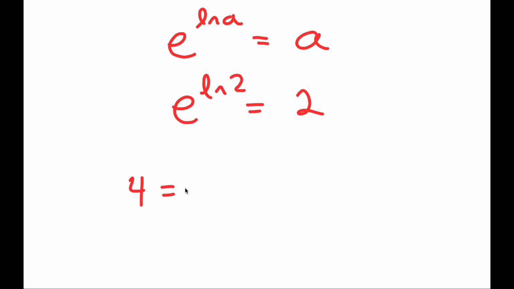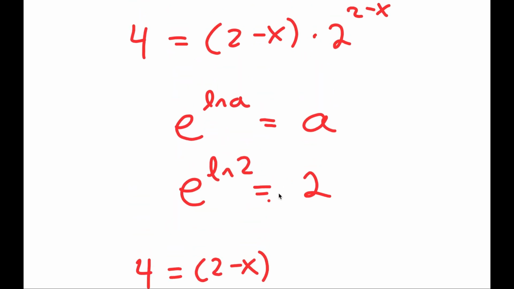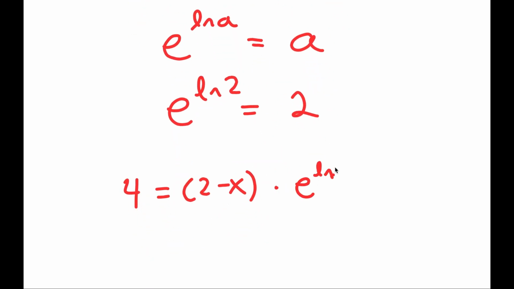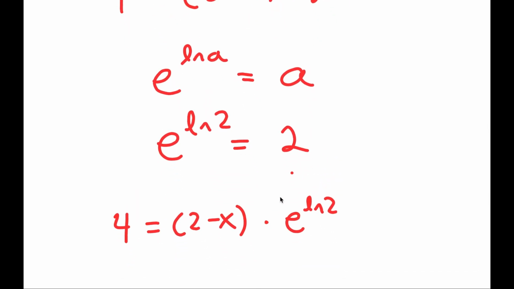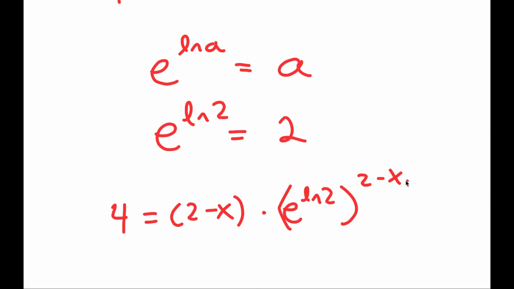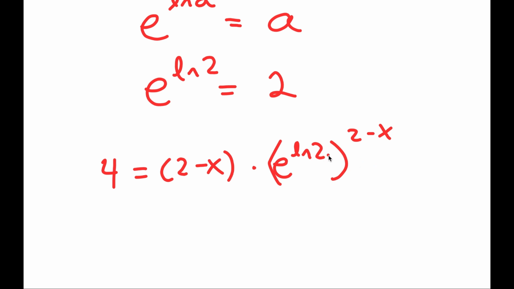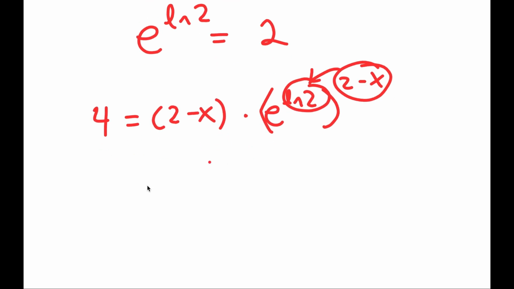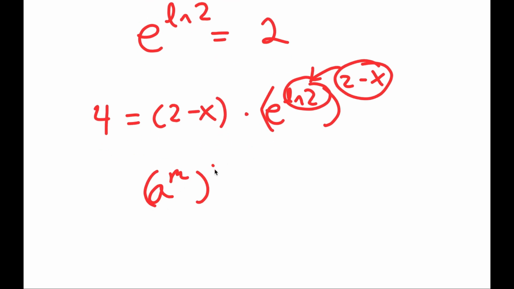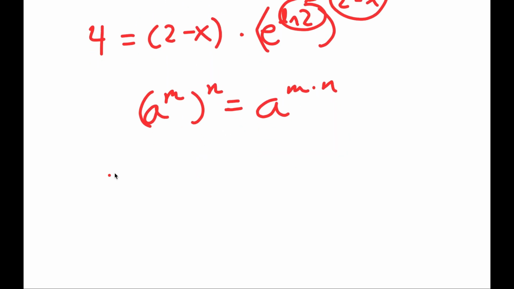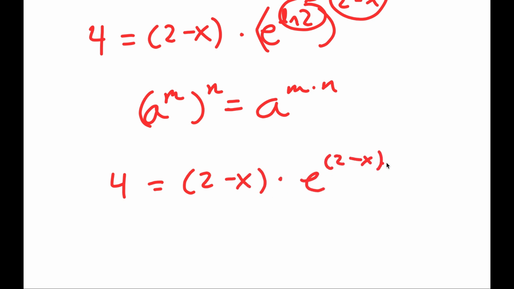So I get 4 is equal to 2 minus x times e to the power of ln of 2, all to the power of 2 minus x. And these two can multiply because, again, a to the power of m to the power of n is equal to a to the power of m times n. So now I get 4 is equal to 2 minus x times e to the power of 2 minus x times ln 2.